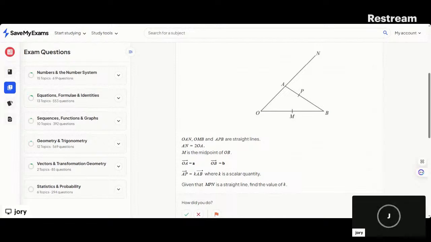Okay, let's try this one. OAN, ONB and AP are straight lines. AN is 2 of OA, and M is the midpoint of OB. OA is A, so AN is 2A. OB is B, so OM and MB are both half B. AP is K of AB. Given that MPN is a straight line, find the value of K.